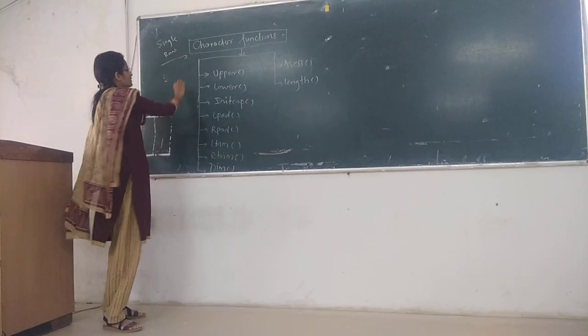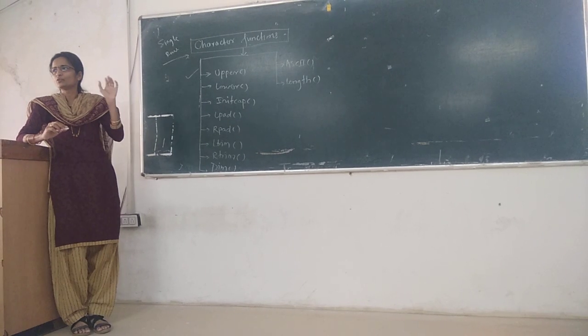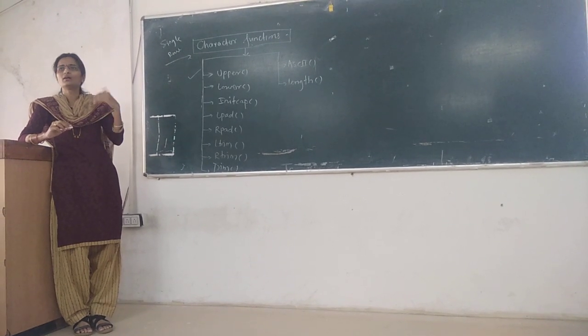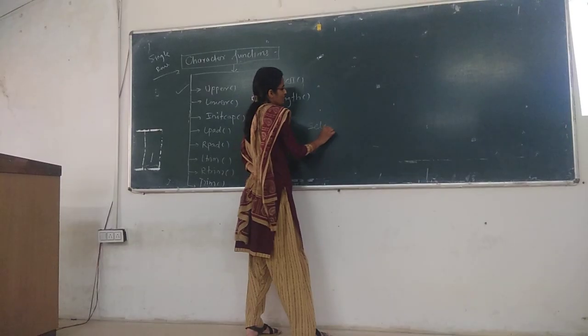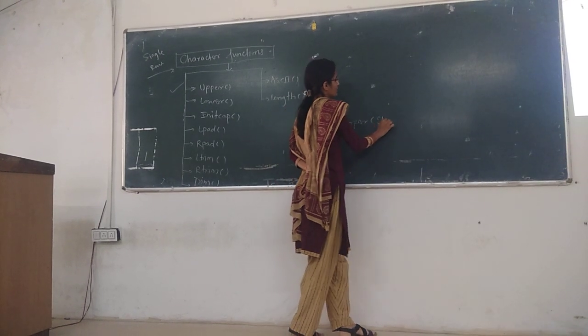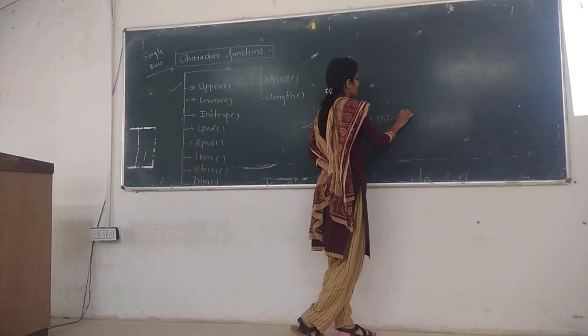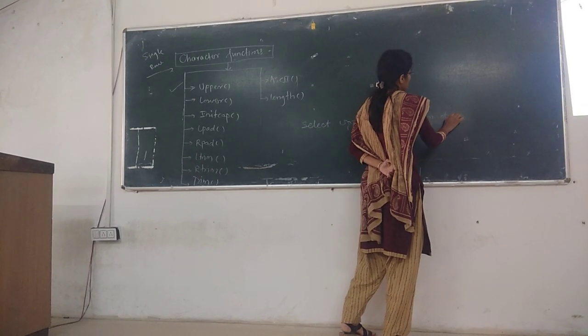So the first function, upper, is used to convert the lowercase string into the uppercase string. The syntax for this one is select upper in bracket string, and string means you have to enclose it within single quotation, from dual table.